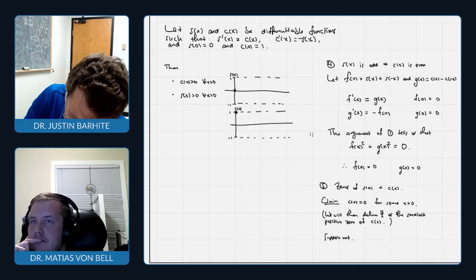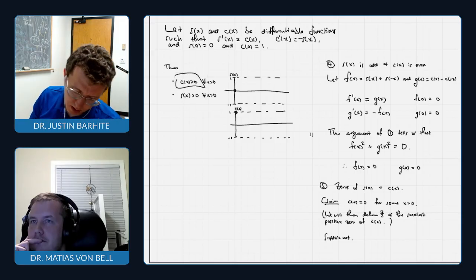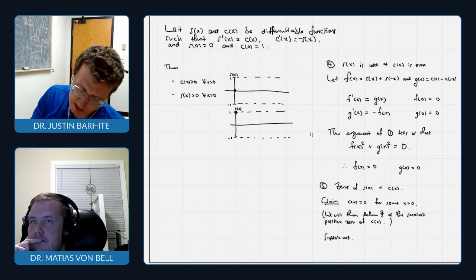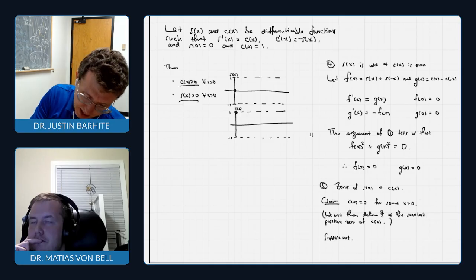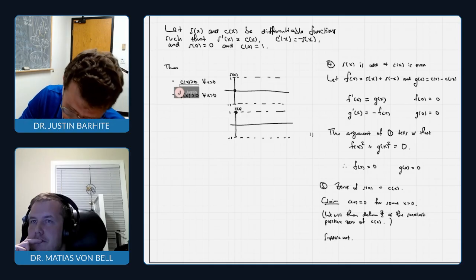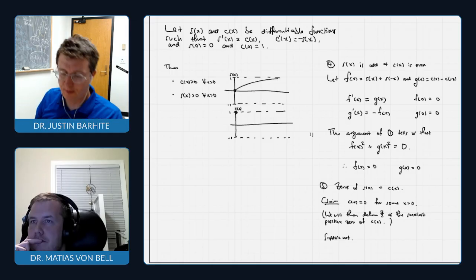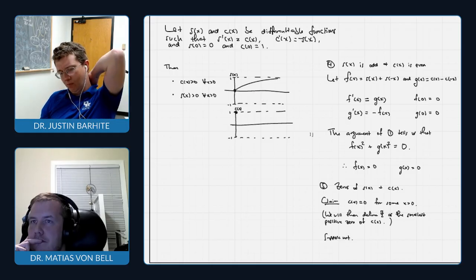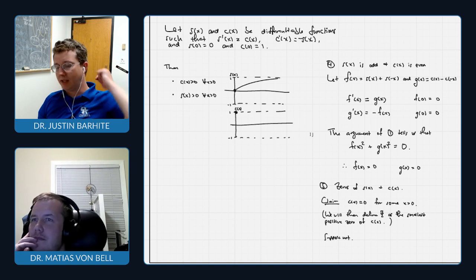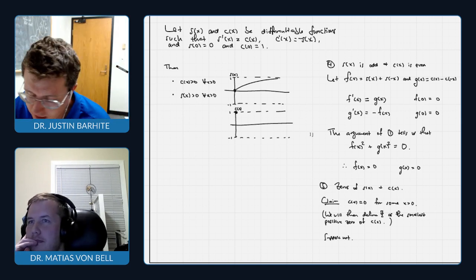But I also know that C of x is positive, and C is the derivative of S, so S of x is always increasing. So S is positive and increasing, and of course, it's bounded above by 1. So it's going to look something like that. There's no logical contradiction yet, but there will be once I start thinking about C of x.